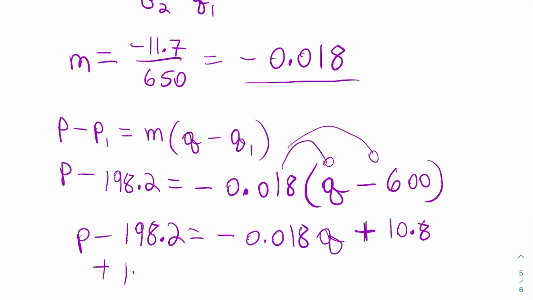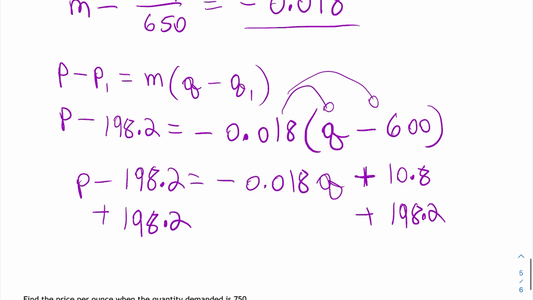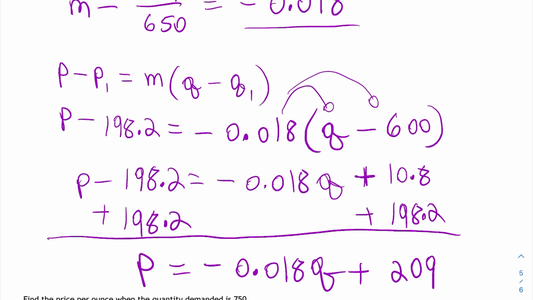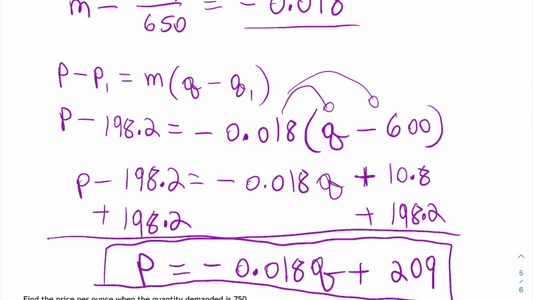Then I add the 198.2, and that gives me that P is equal to negative 0.018 Q plus 209. And this is the demand function right here.